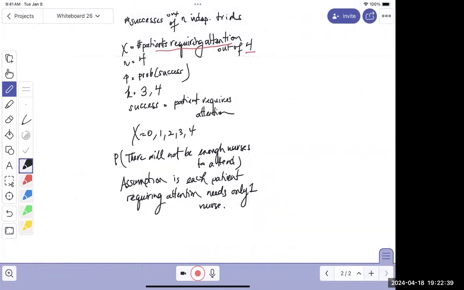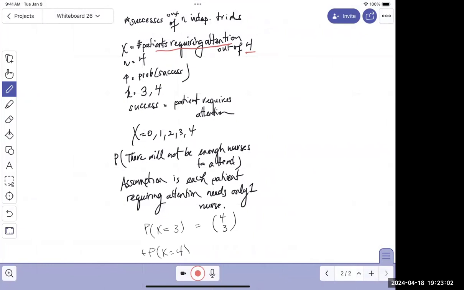So we want the probability X equals 3 plus the probability X equals 4. And I'm going to do one at a time. And when I make the calculation, I say N is 4, choose K, and then the probability of success.